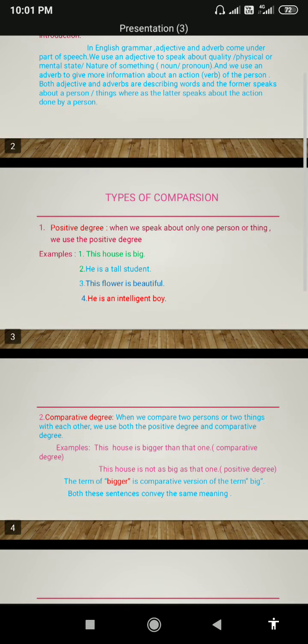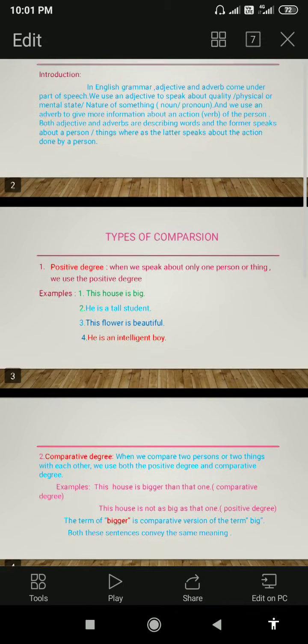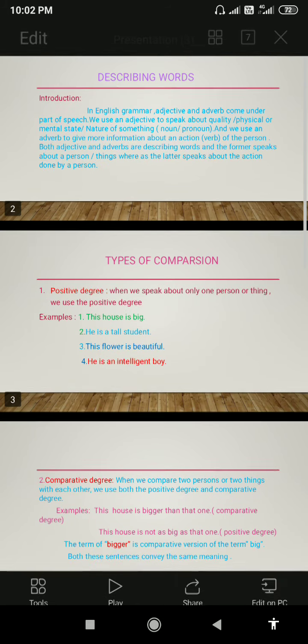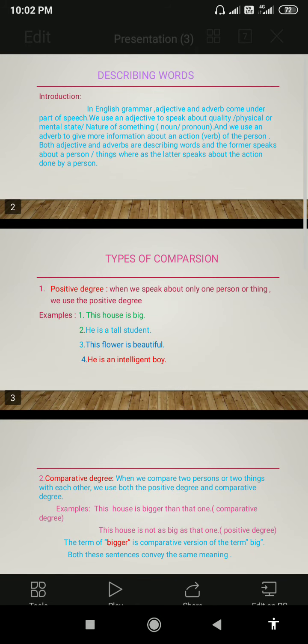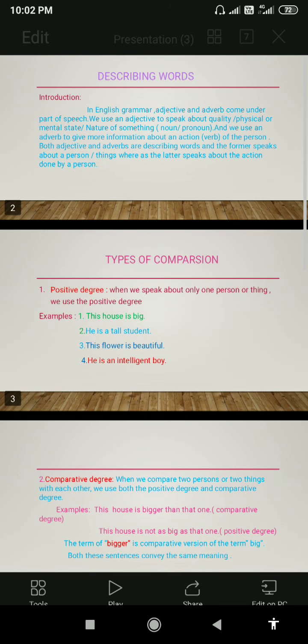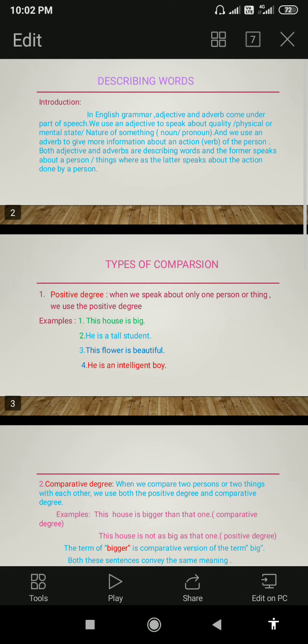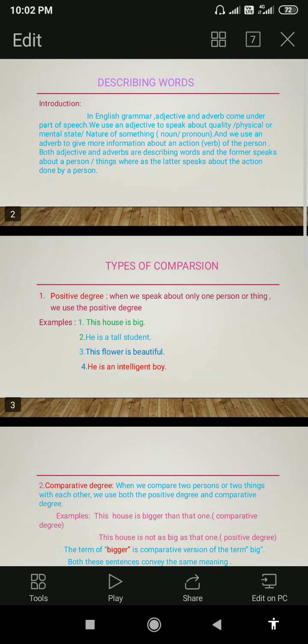Here some introduction is given. In English grammar, adjectives and adverbs come under parts of speech. We use an adjective to speak about quality, physical or mental state, or nature of something, and we use an adverb to give more information about an action of the person.